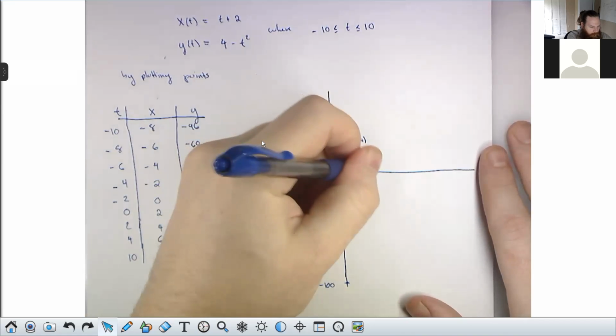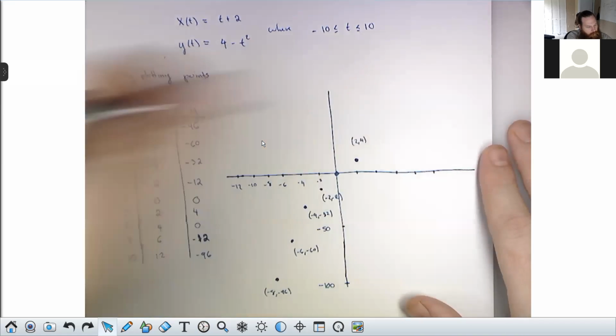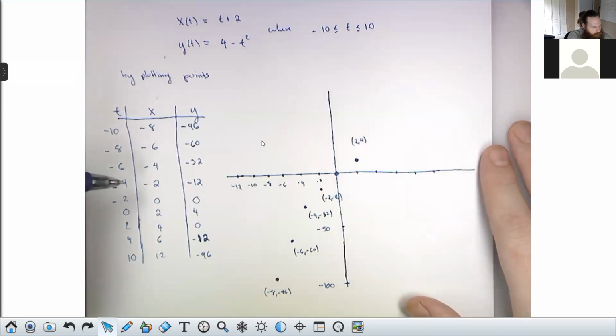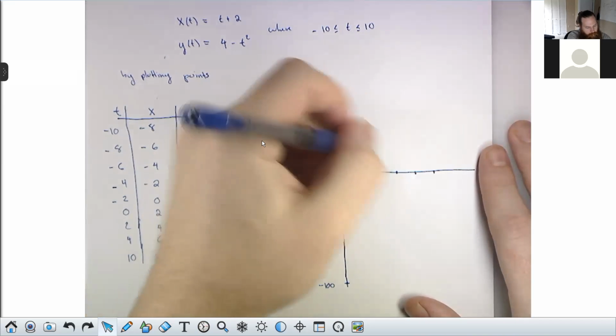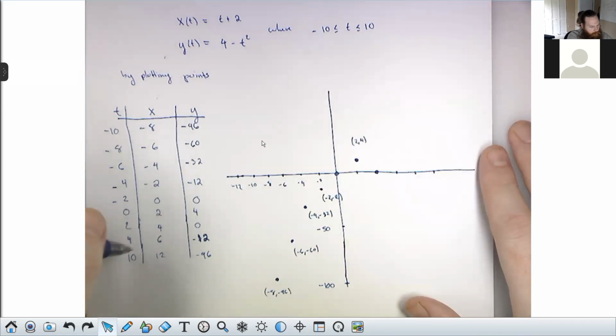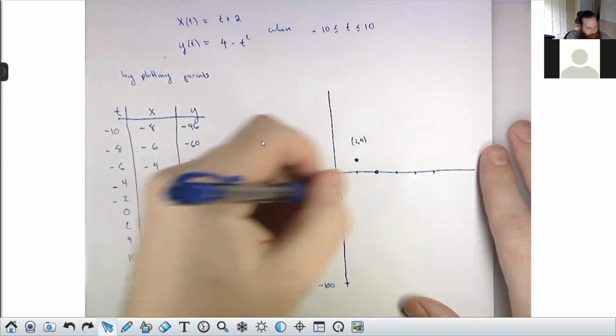And I'll do the same thing out here. We'll go by 2s, 2, 4, 6, 8, 10. So after 2, 4, we have 4, 0, which would be right here. And then 6, -12 would be symmetric with 2, -12.